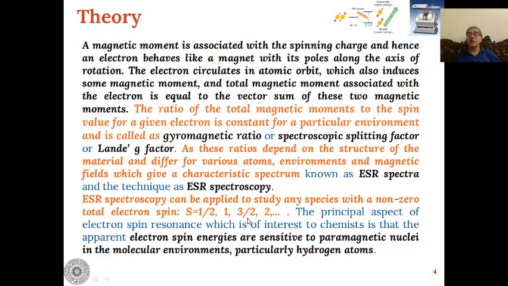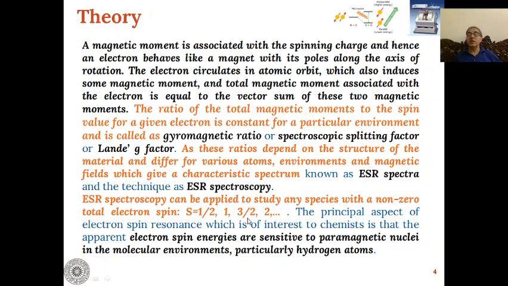Now, we know that when there is no magnetic field applied, a free electron may exist in either of the two spin states and their energy will be the same. The energy is degenerate. So when the external magnetic field is zero, there is no splitting of the energy levels.